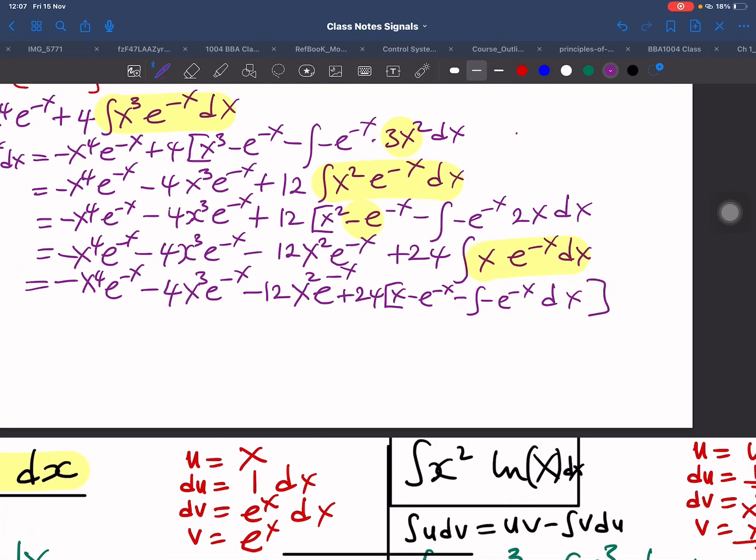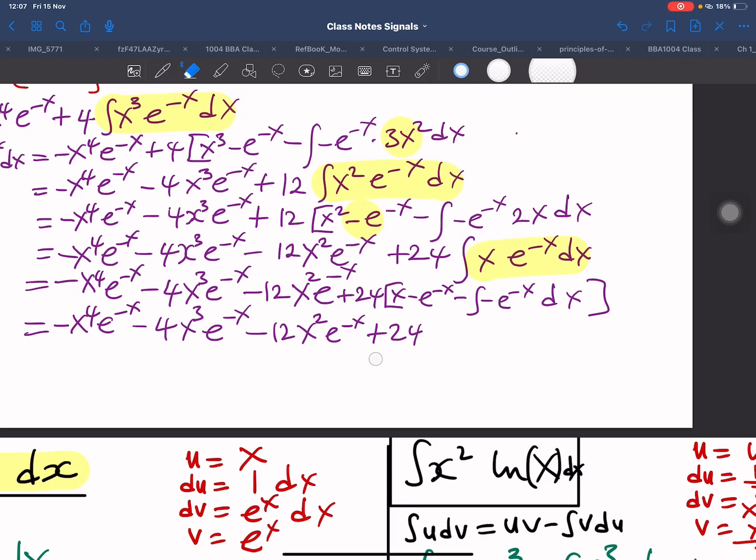So you have to conclude minus x raised to the power 4 e raised to the power minus x minus 4x raised to the power 3 e raised to the power minus x minus 12x raised to the power 2 e raised to the power minus x plus 24. Well, it's going to be minus now because of this minus sign here. It's going to be minus 24x e raised to the power minus x.